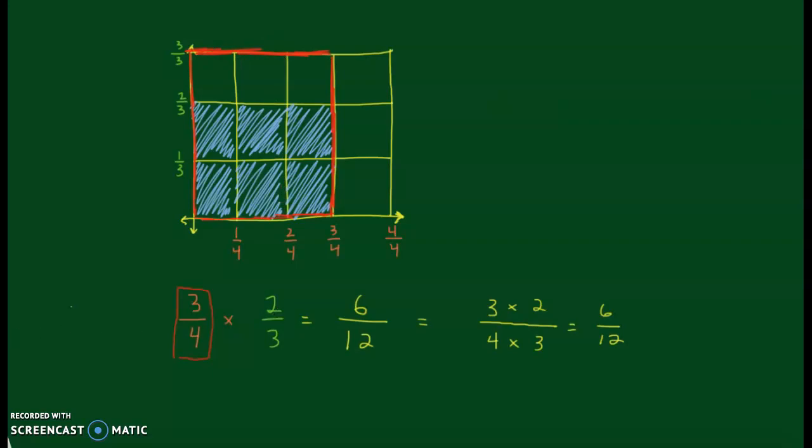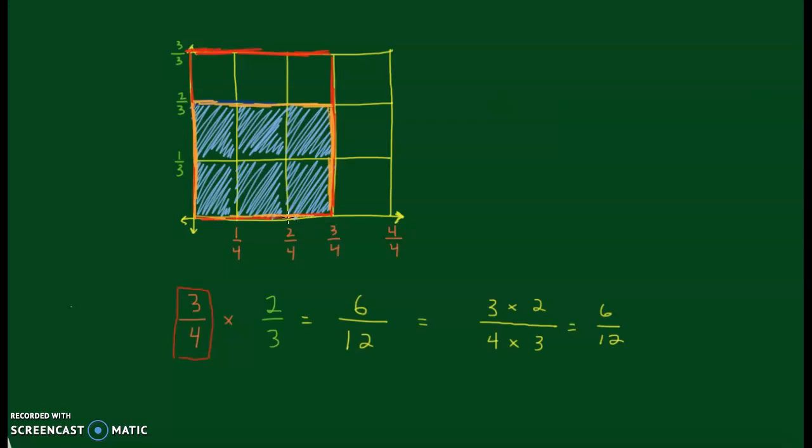I'm going to use this dark blue. Hopefully it will show up here. Not the greatest. Let's try the orange. That's a little bit better. So the orange lines are representing what 2/3 of the 3/4 would be.